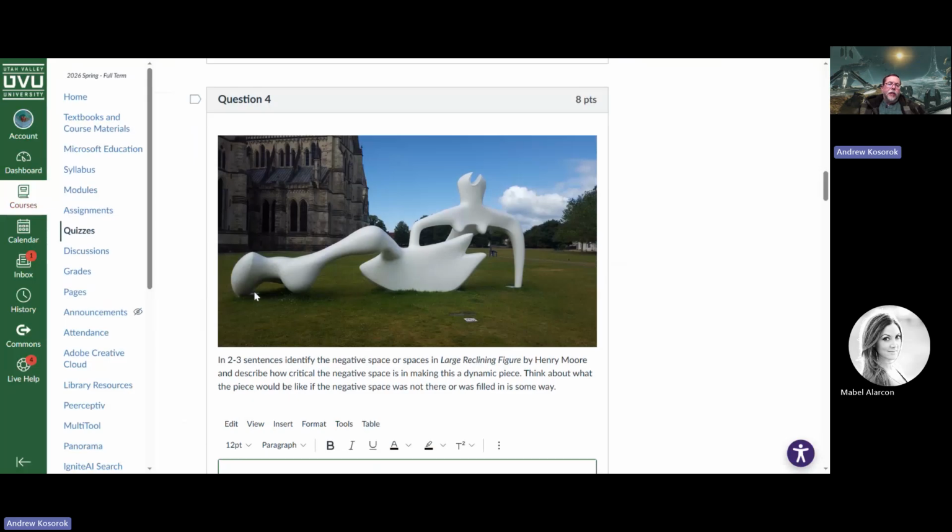So the negative space on this are these areas like under the foot, under the knee, around the hip, under the arms, around the head. Negative space is just the volume where the sculpture is not. And if this did not have negative space around it, it would just be a big block of stone and incredibly boring.